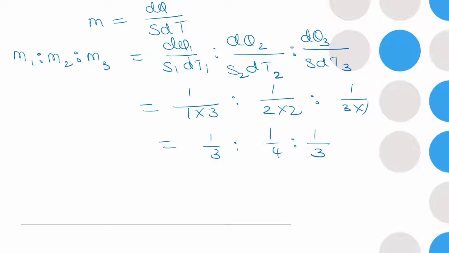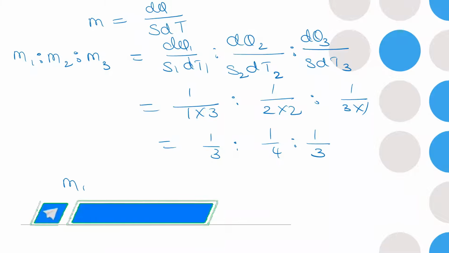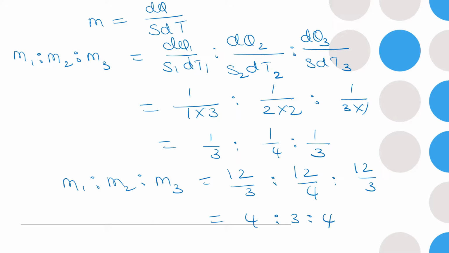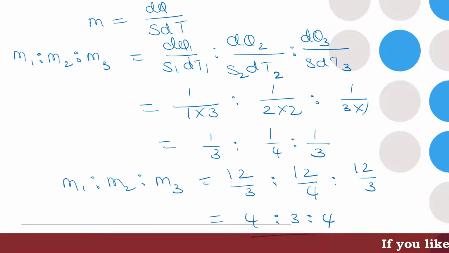So the ratio of their masses, taking LCM 12, is 12 by 3, 12 by 4, 12 by 3. So this can be written as 4 is to 3 is to 4. Okay. Next we will go to the next question.